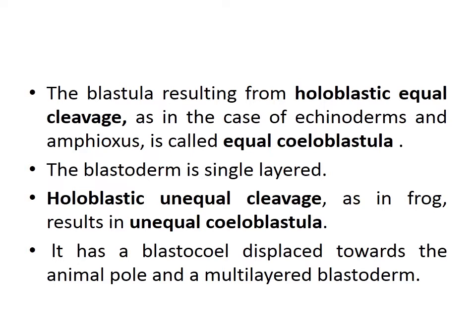The blastula resulting from holoblastic equal cleavage, as in the case of echinoderms and amphioxus, is called equal coeloblastula. The first picture is equal coeloblastula, where you have just one layer of blastoderm. The holoblastic unequal cleavage, that was the second picture, as in the case of frog or mesolecithal egg, results in unequal coeloblastula.